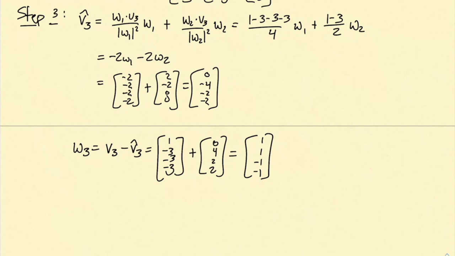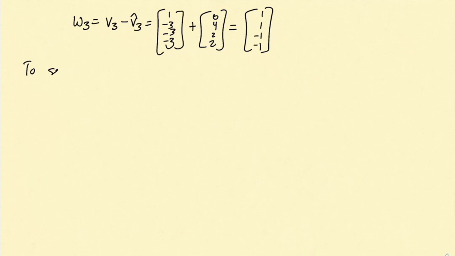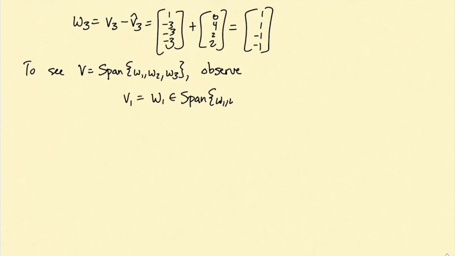As we outlined above, we can check explicitly that W1, W2, and W3 span the same space as V1, V2, and V3 by checking that V1, V2, and V3 are each linear combinations of W1, W2, and W3. V1 is the easiest one to check. We can write V2 as V2 hat plus W2.